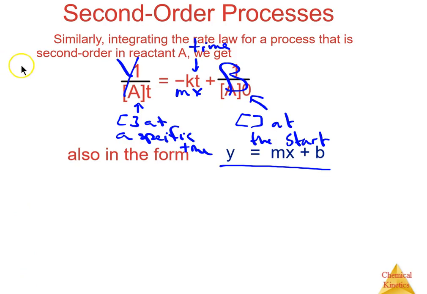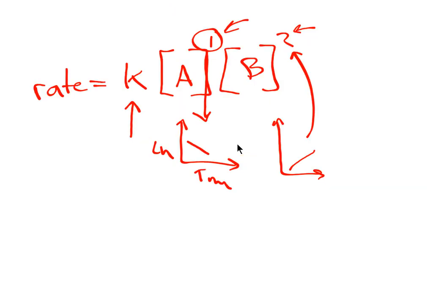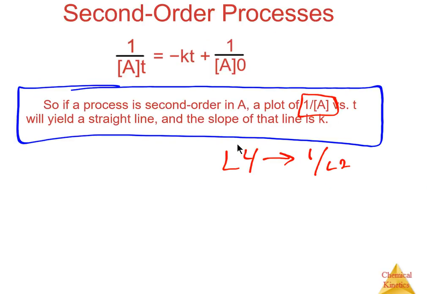So now, a second order process, if we do the same math, it also turns into a line where y equals mx plus b. I know this is ugly, but just stick with me for a minute. So, here we go. If a process is second order in a, a plot of 1 over a versus t will yield a straight line, and the slope of that line is k.